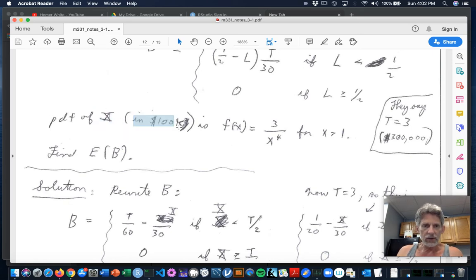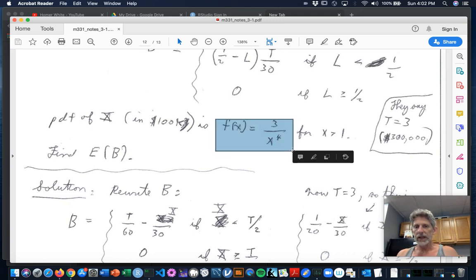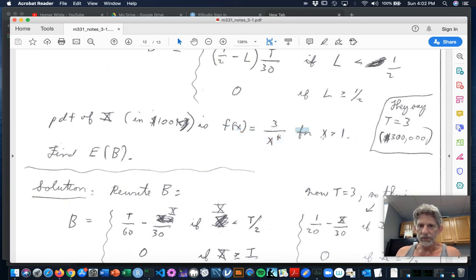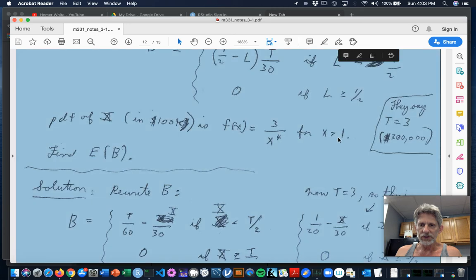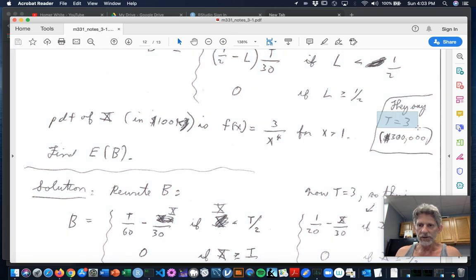Again, measuring the loss random variable in units of 100,000 bucks, the density function they propose is 3 over x to the 4th, where the support is x bigger than 1. So actually, they're saying that for sure this company is going to claim more than $100,000 in losses, even though they were charged a premium of 300,000. So I guess even the safest business is still a bit risky.